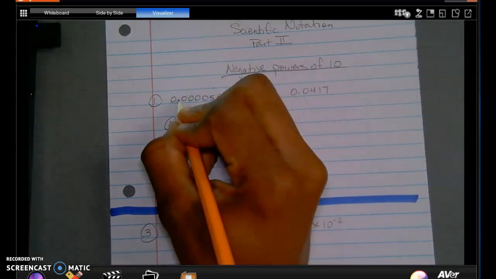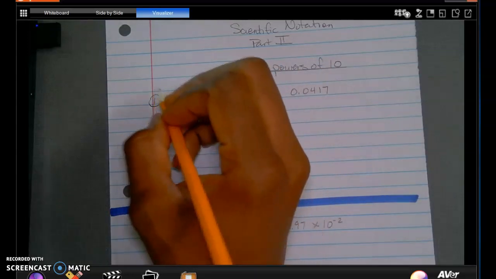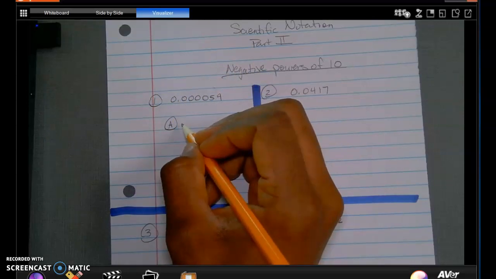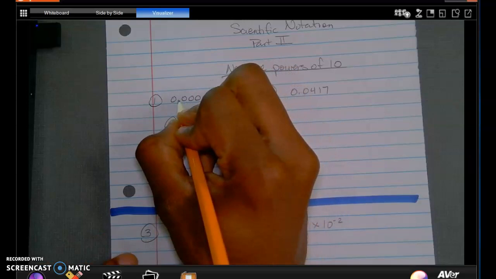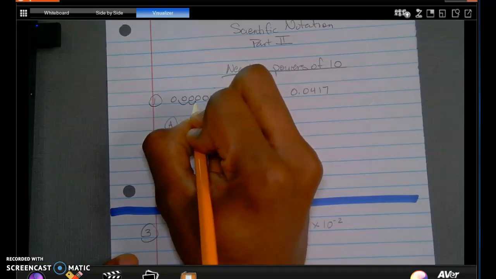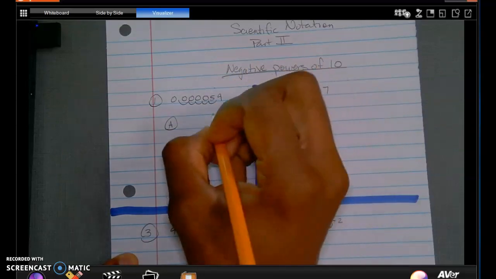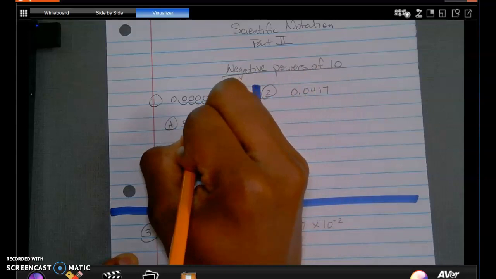I want to move this decimal place over. Using the power of the decimal, I'm going to move that over and create my coefficient. I want that coefficient to be greater than or equal to 1, but less than 10, as I mentioned. So I'm going to move this over 1, 2, 3, 4, 5 places. My new coefficient becomes 5.9.